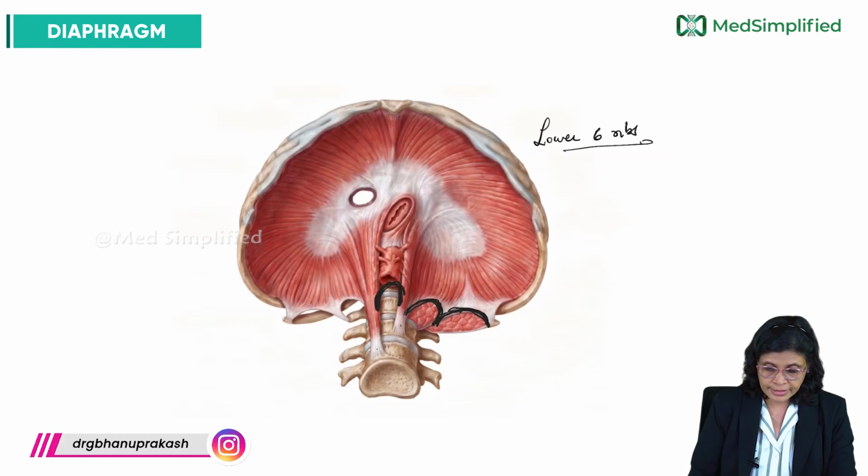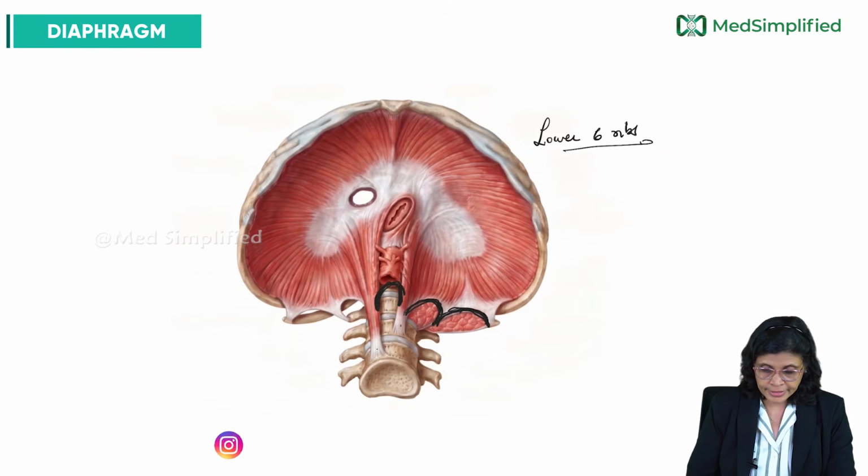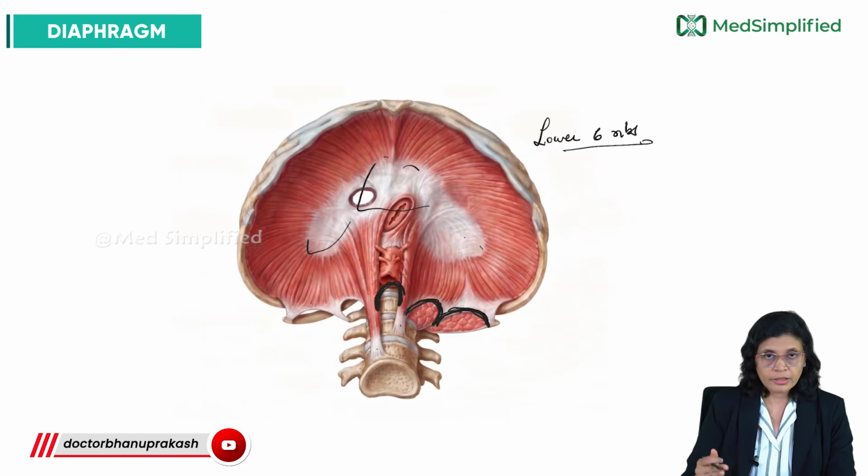And this is the central tendon, which we are seeing where it gets inserted. This central tendon is trifoliate in shape. It has a single triangular anterior central leaflet and 2 tongue-shaped posterior leaflets. So it looks like an equilateral triangle.